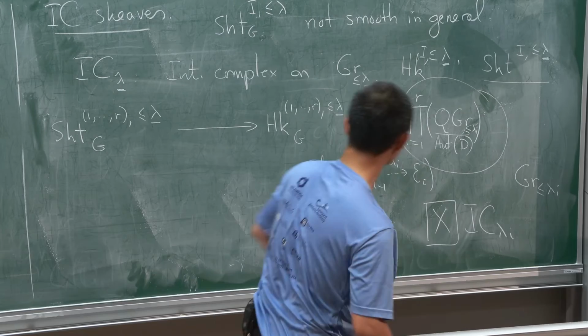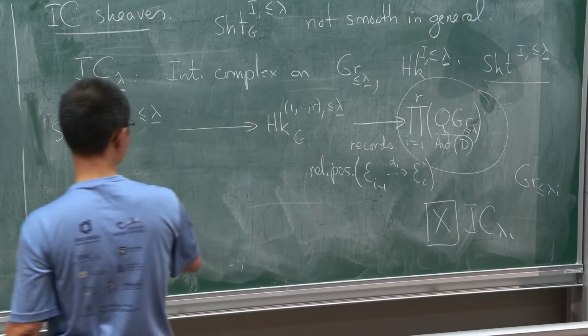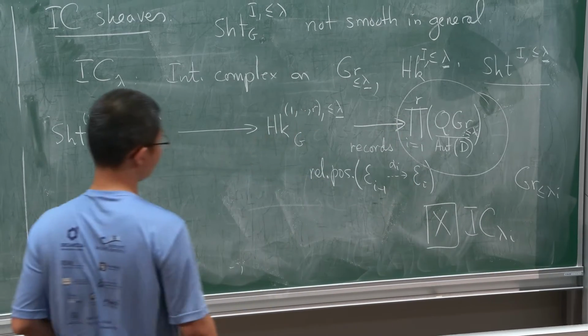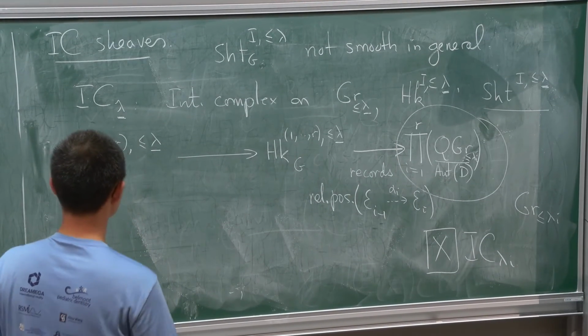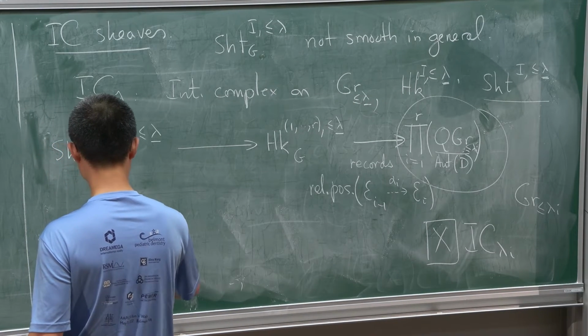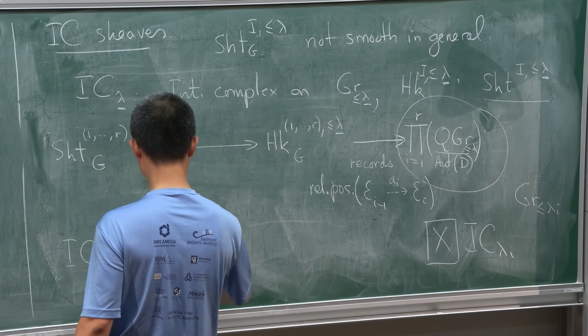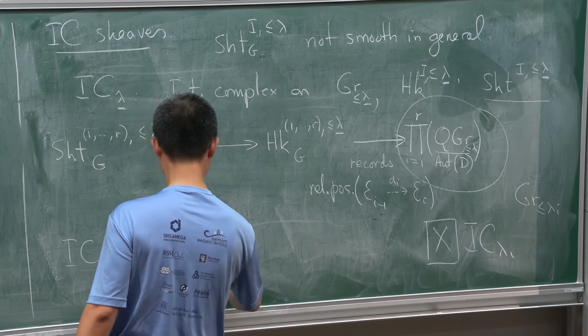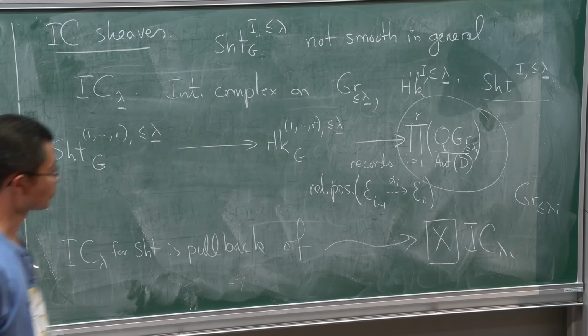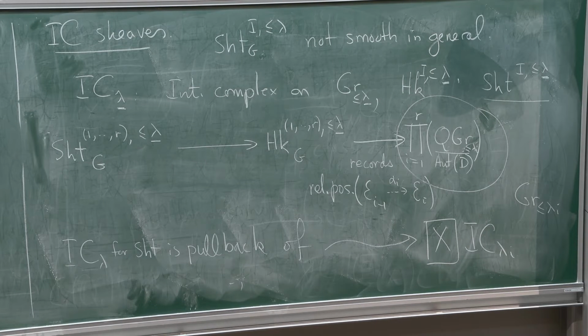So this is more primitive, and then it turns out this map is also formally smooth. So the IC here for Shtuka is the pullback of this external product of IC sheaves.